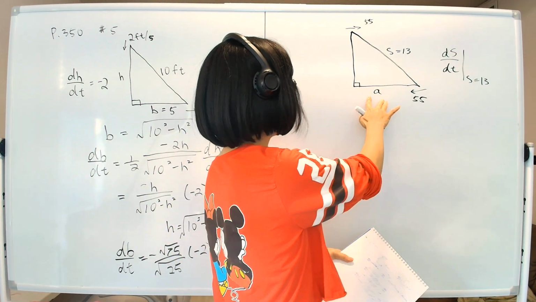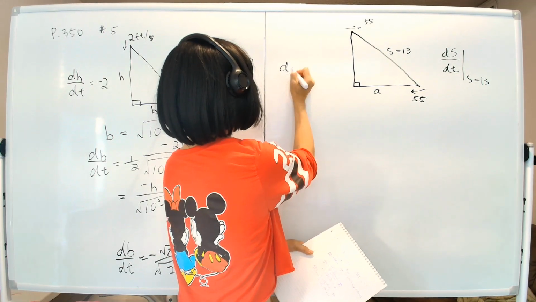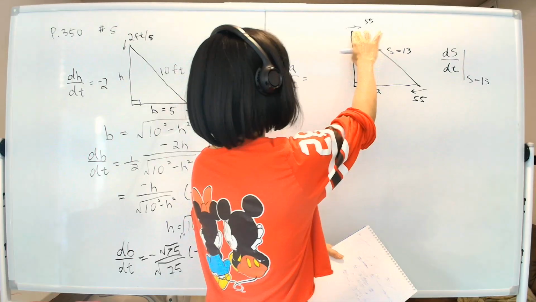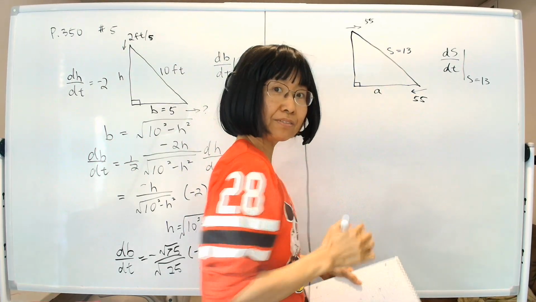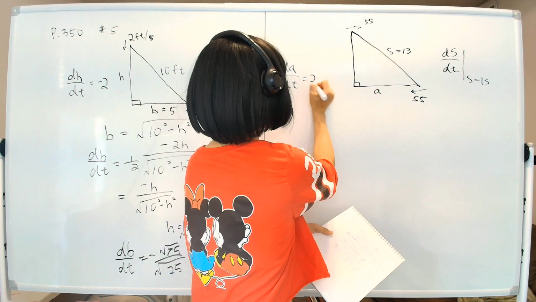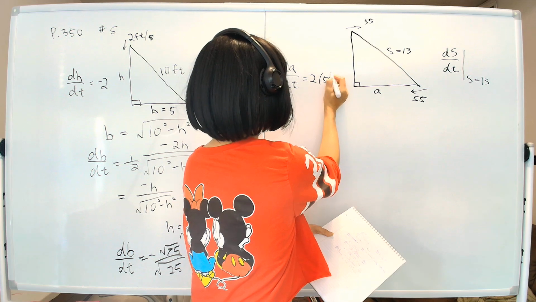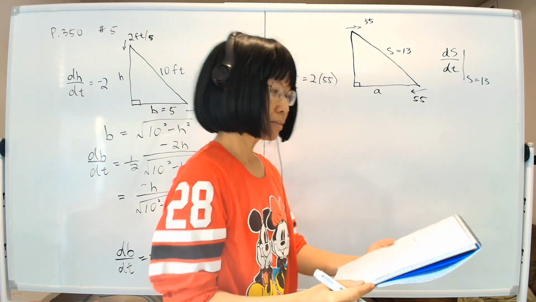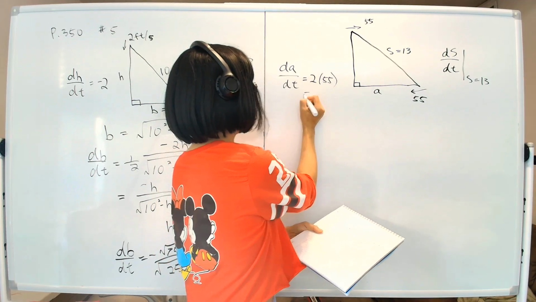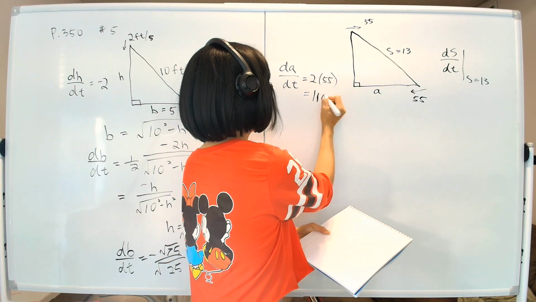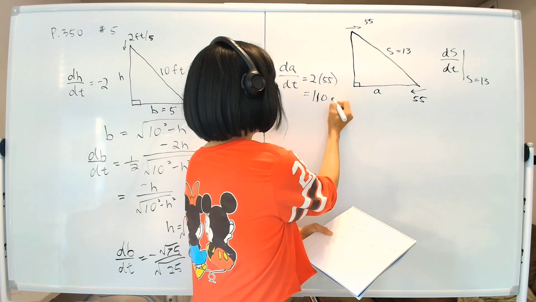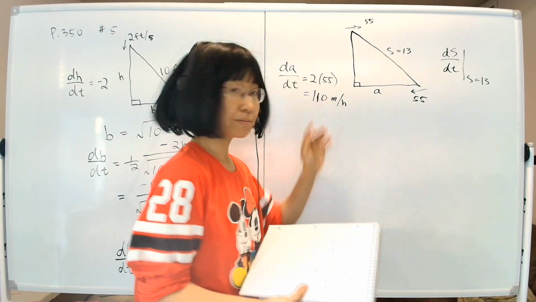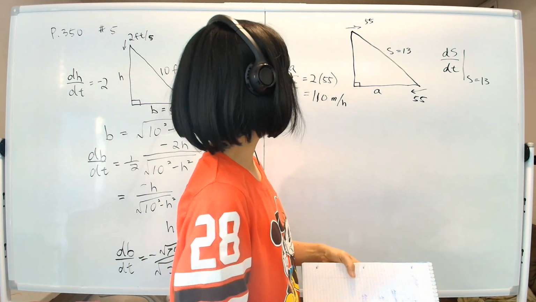How fast is a changing? dA by dt is equal to, it's going this way 55, that way 55. It actually equals 2 times 55. Okay, the unit is miles per hour. So dA by dt is actually 110 miles per hour. Anyway, that's the part that you have to catch.